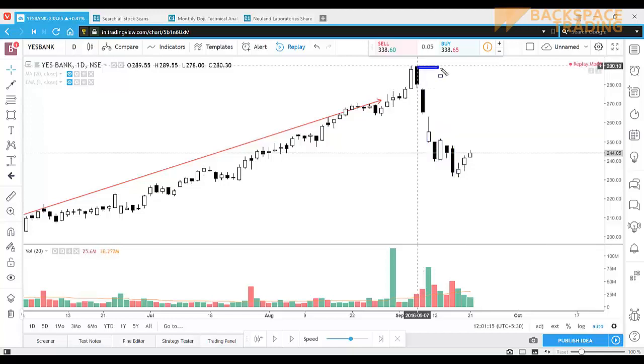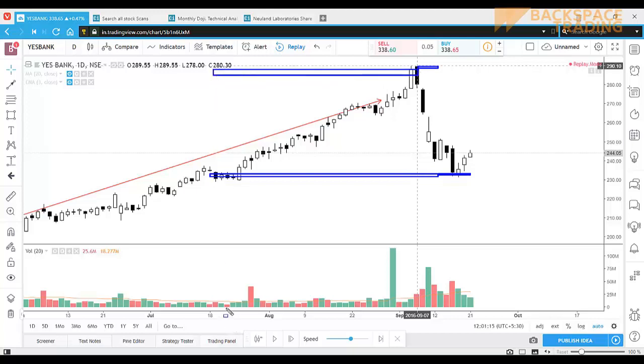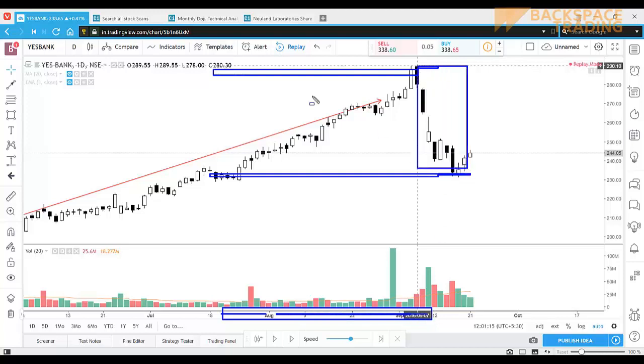From this point to this point price reached within a week, but for the same point to reach from this, it took this much longer, from mid July to August to mid September. This happened in 1 week. This happened over 2 months. For price rise to happen it takes time, but if price falls, it's just like anything.